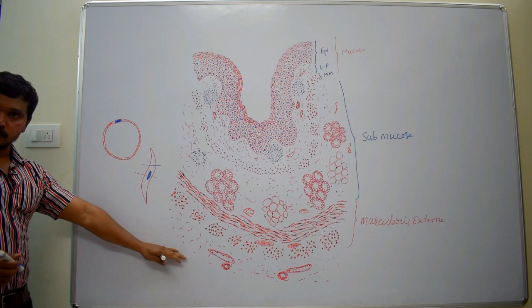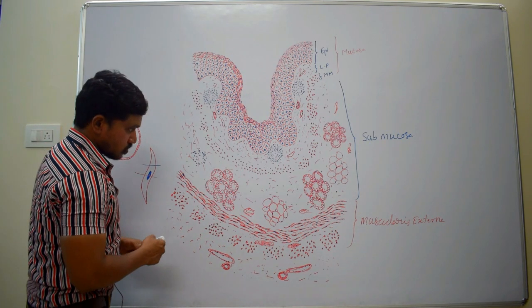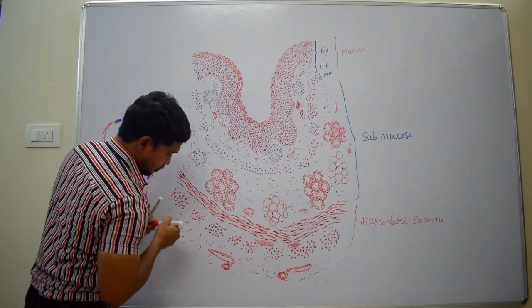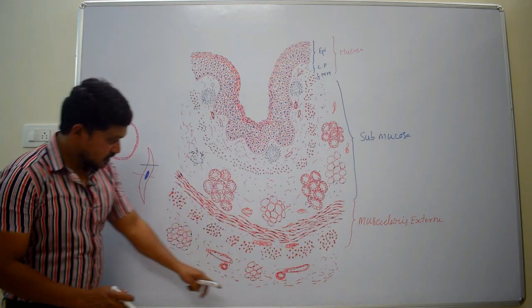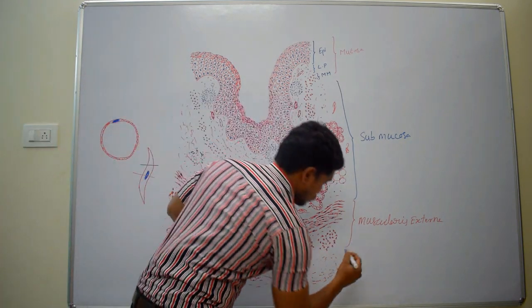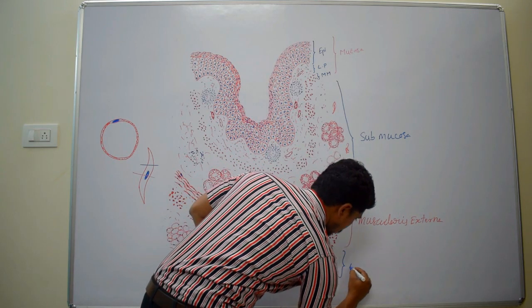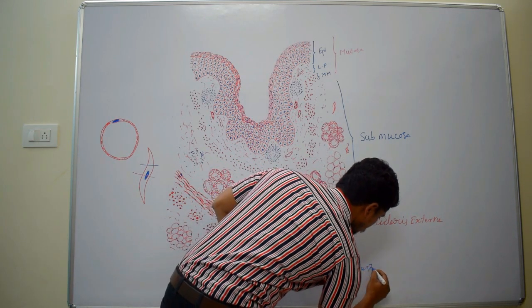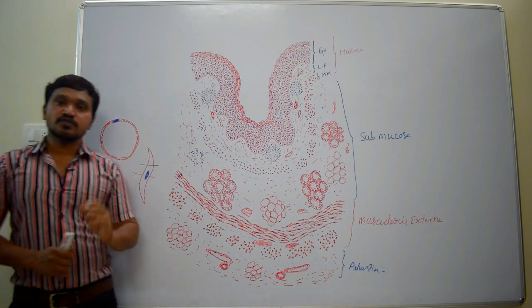Then adipose tissue will be present. So the same structure I am drawing here. This outermost layer we are calling adventitia. It is not serosa, it is adventitia. This is the structure of the esophagus.